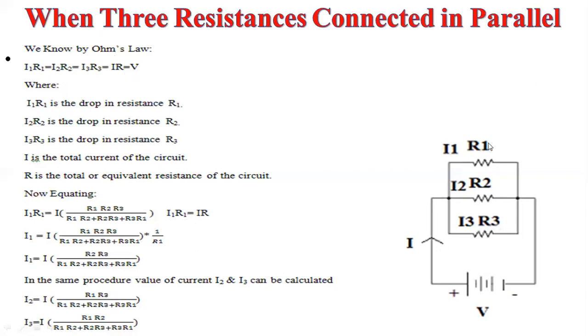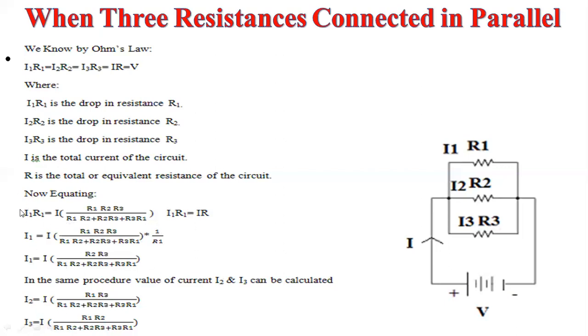Suppose I1 R1, the drop across resistance R1, is equal to IR. When we equate this, we get the value of current I1. Similarly, drop I2 R2 is equal to IR, by equating these two we get the value of current I2, and similarly when we equate I3 R3 is equal to IR, we get the value of current I3.